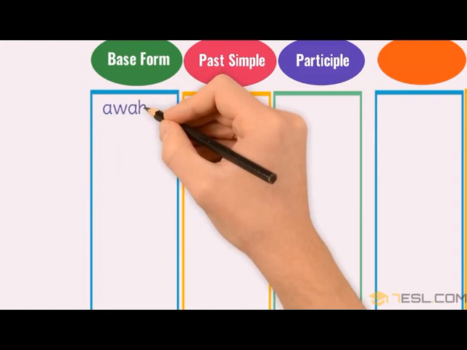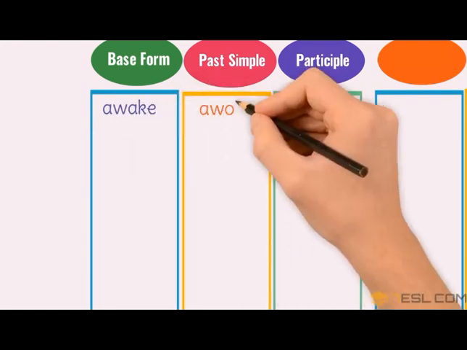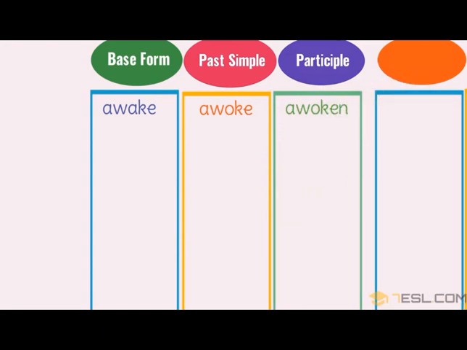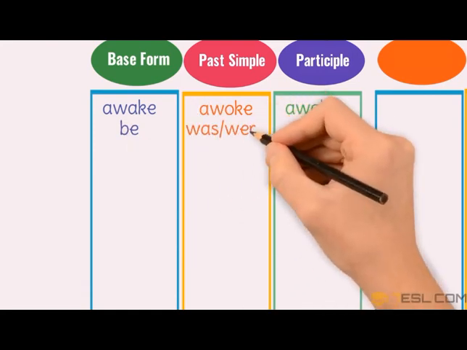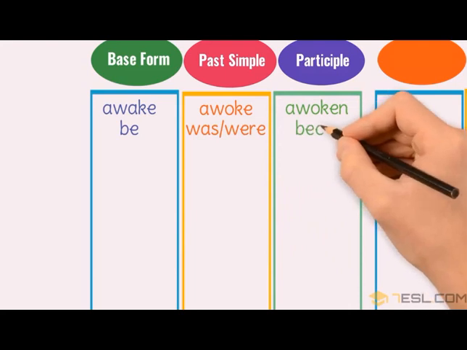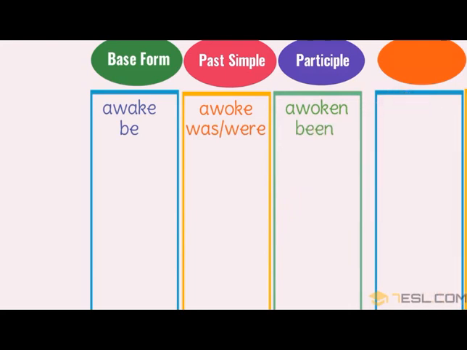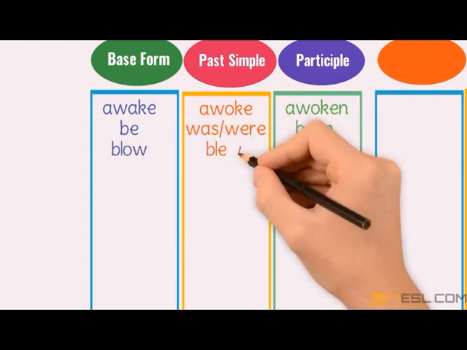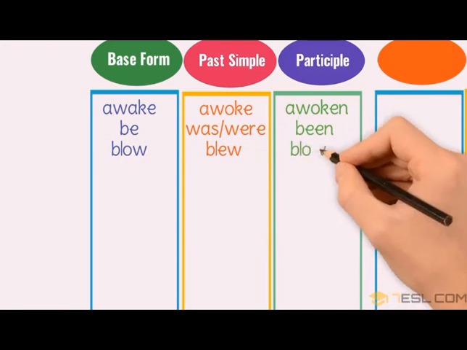Base form, past simple, participle. Awake, awoke, awoken. Be, was or were, been. Blow, blew, blown.